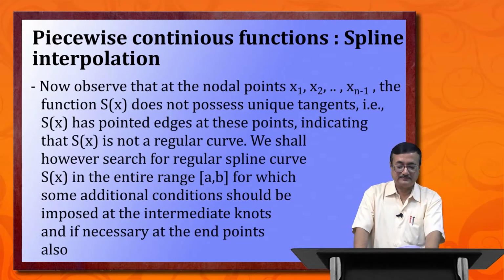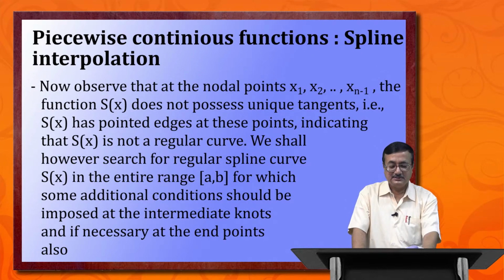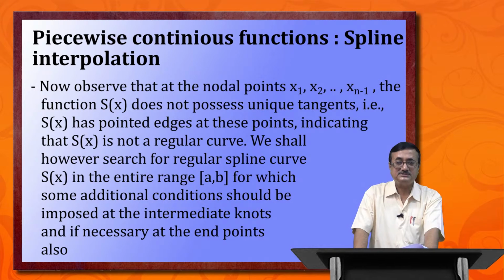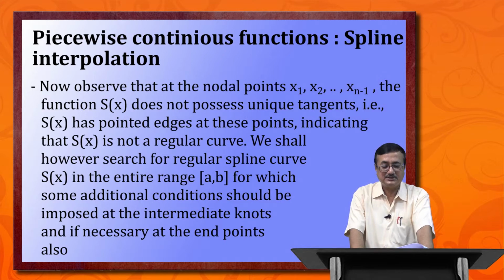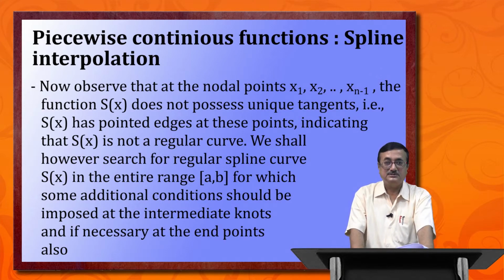Now observe that at the nodal points x1, x2 up to x_{n-1}, that is the internal nodal points, where x0 and xn are the end points, the function S(x) does not possess any unique tangent. Look at the figure again.